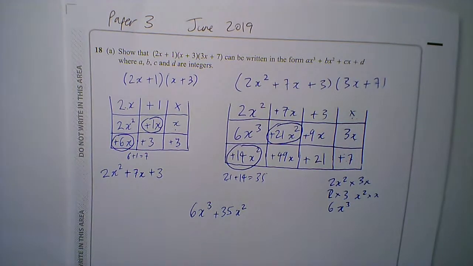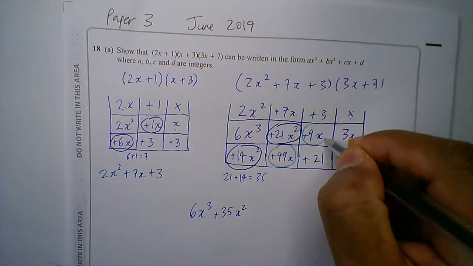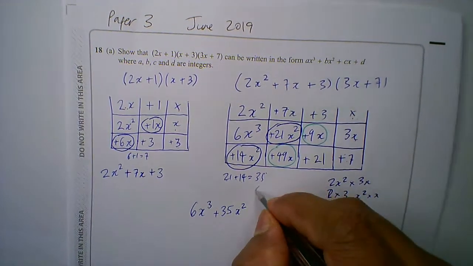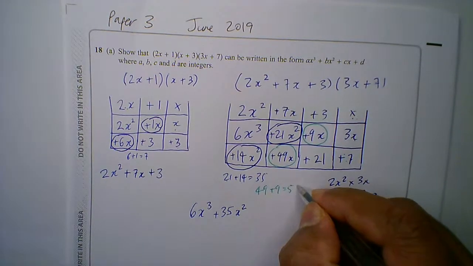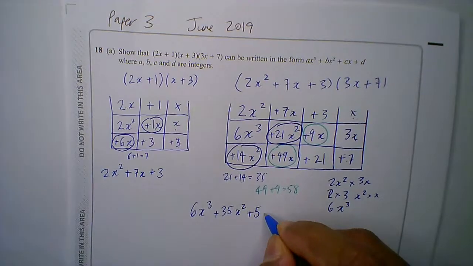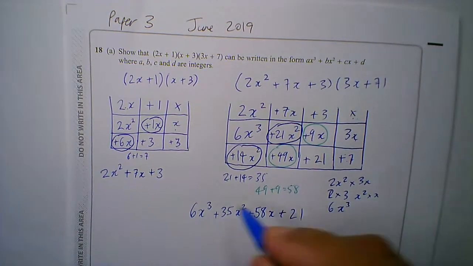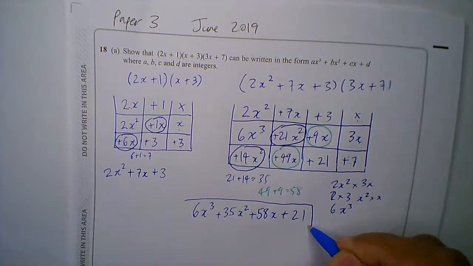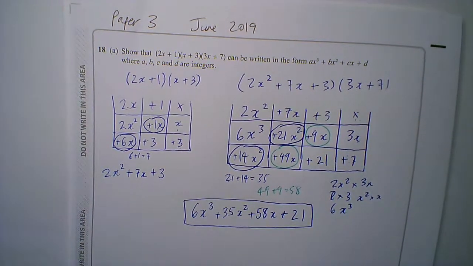And then I've got my next term, which is 49x and 9x. So these are my like terms. 49 plus 9 equals 58. So I've got plus 58x, and then my number term plus 21. And so that is my final answer. Hopefully you got the same answer. Well done if you have.